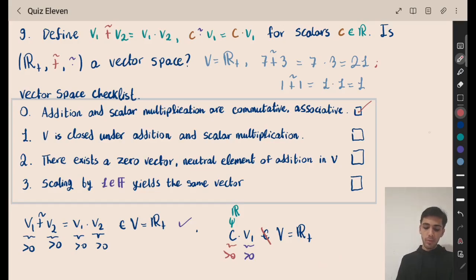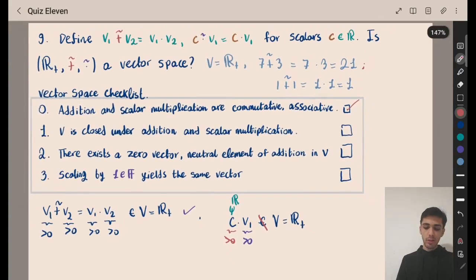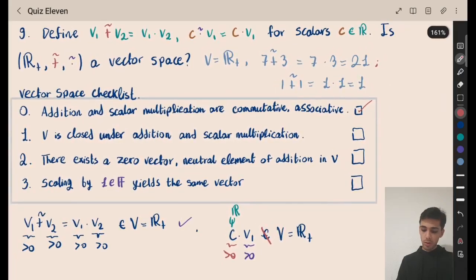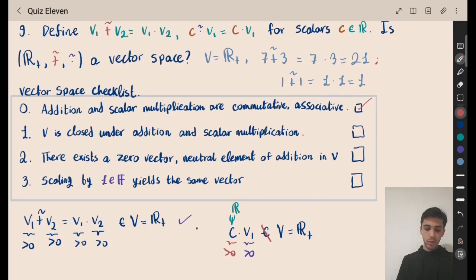For example, I don't want to say as an example, maybe I'll say as a non-example. The non-example is, if I choose any negative number, your favorite negative number, say -5, times V1.